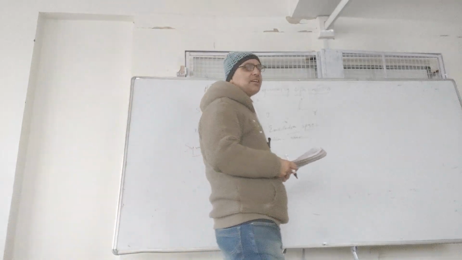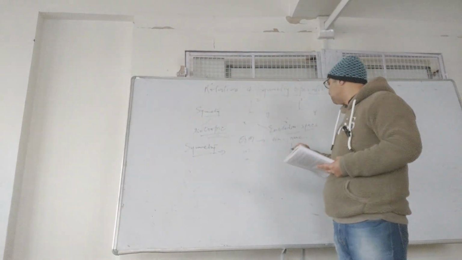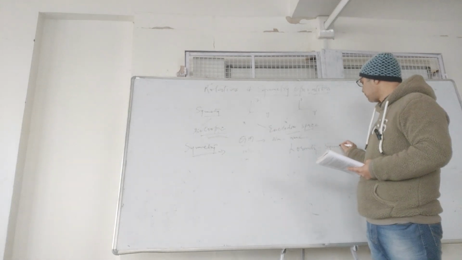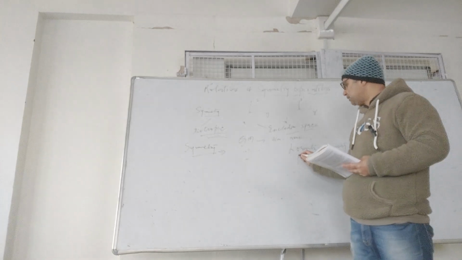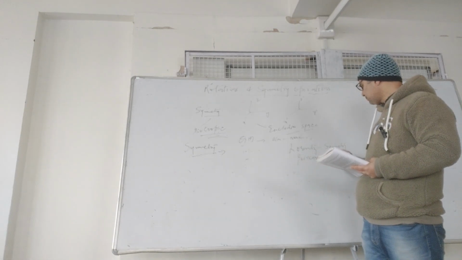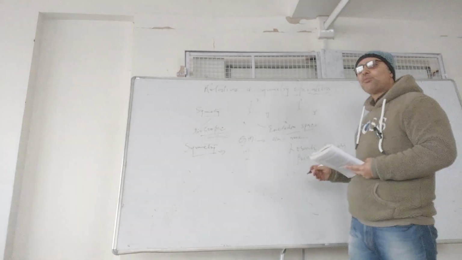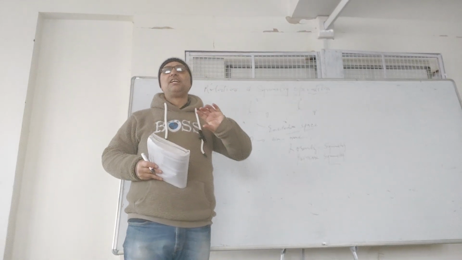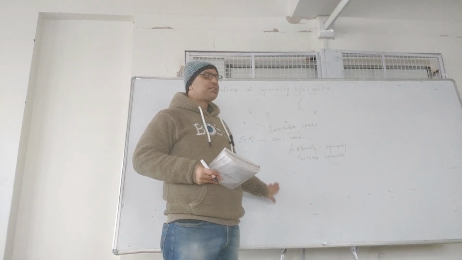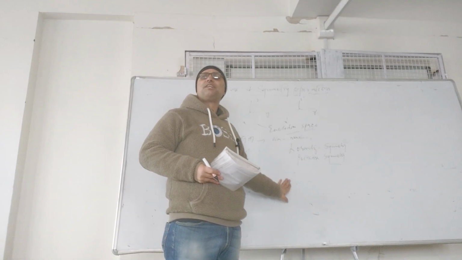There, you study Lorentz symmetry or Poincare symmetry. You might have heard of the Lorentz group: a transformation is invariant under some Lorentz group. A transformation is invariant under the Poincare group.